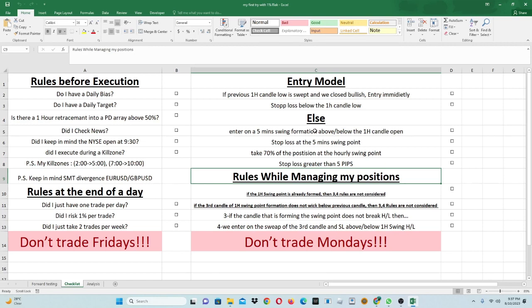While entering on this model and while managing it, there are some rules that, if not applicable, I will have a third entry model, which is the liquidity sweep of the third candle and my stop loss above the hourly swing formation.